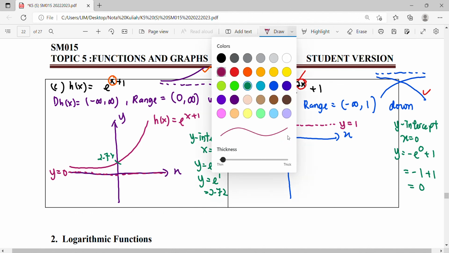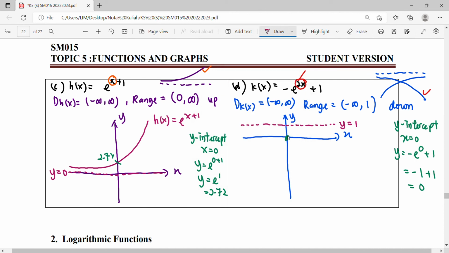So now we can proceed with our graph. Parallel, then start to go down to the right hand side, intersecting at 0. Then after that, we label our function. This k(x) equals negative e^x plus 1.